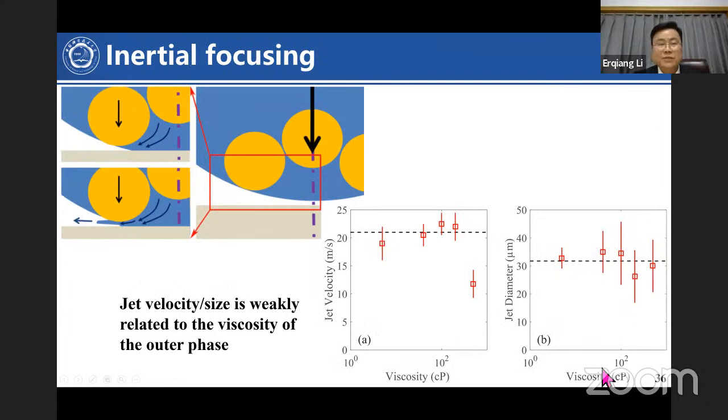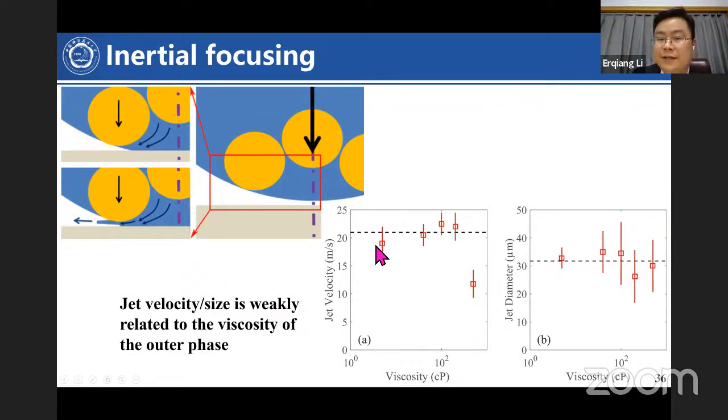But we propose it is a new mechanism for the splash of the jet to happen. We call it inertial focusing. Why do we see it like that? Because later we change the viscosity of the external liquid, over a large range of viscosity.